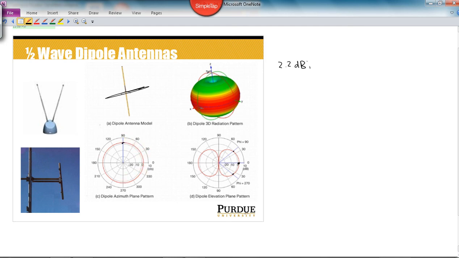You'll note that the azimuth plane pattern is a circle, and it's passing through the gain value of 2.2 dB at all angles. These values are the 3 dB beam width and gain of a theoretical half-wave dipole antenna. And so dipole antennas are often quoted this way, although many of the dipoles in the market don't quite achieve these theoretical numbers.